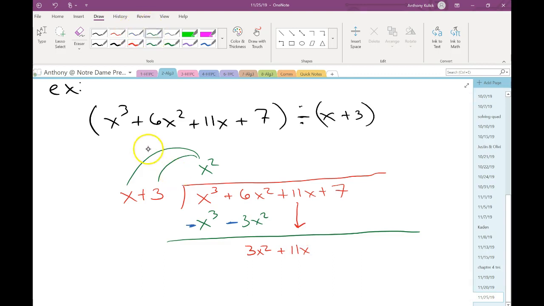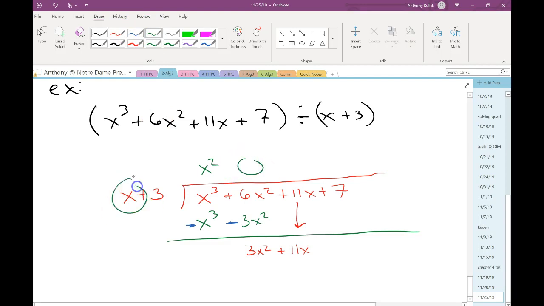And I'm going to now repeat the process. I'm going to say, what times x gives me 3x squared? Or 3x? Right? 3 times 1 is 3. X times x is x squared. Everybody's okay with that?